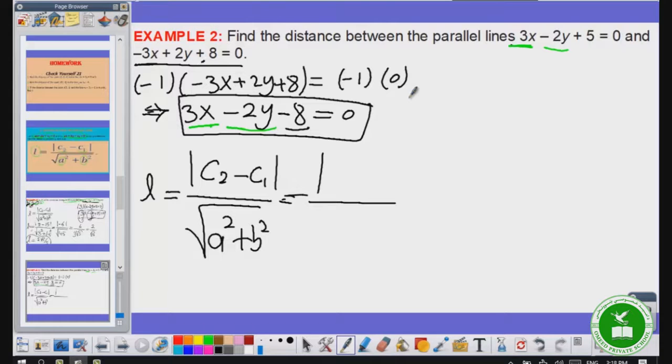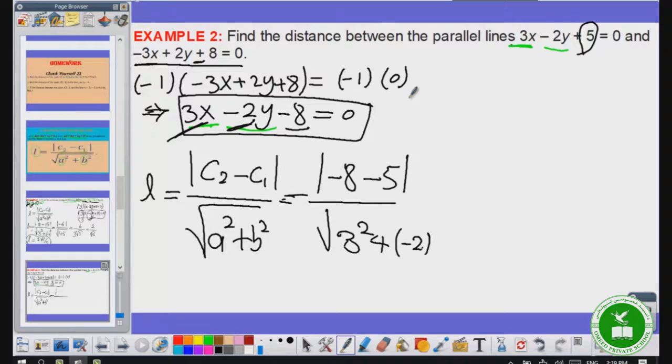So minus 8 minus c1, here it is 5, divided by under root a square, a is 3, square plus b is minus 2 square.